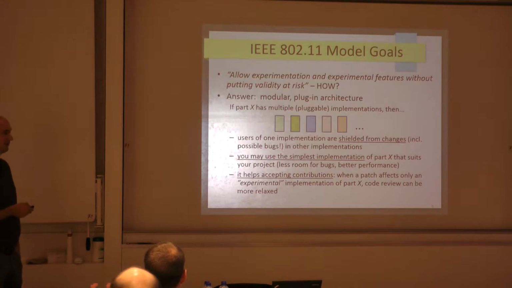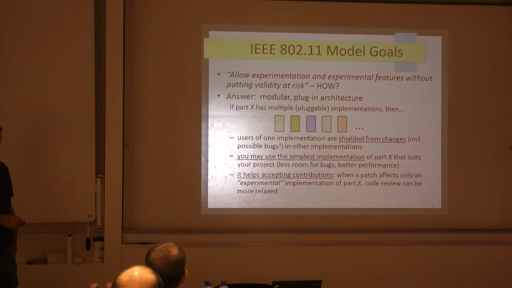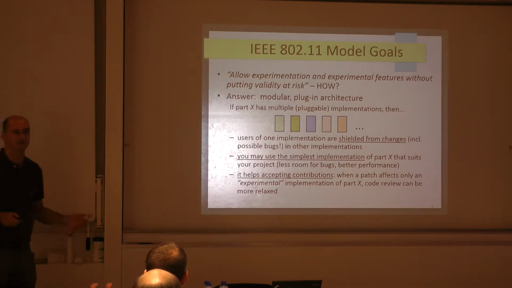And if somebody needs to be sure that simulation results are valid, they can still use the trusted blocks. It also makes things easier for us INET maintainers, because if the contributions come for the experimental things, we can just accept the pull request and check it in and not bother too much, because that's experimental code.